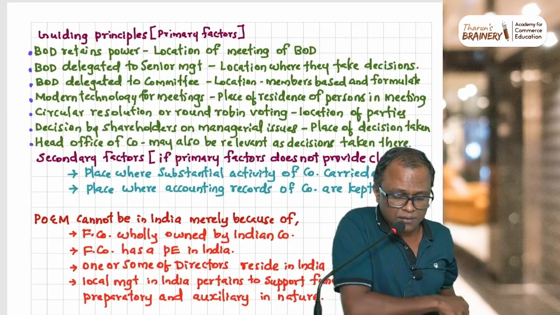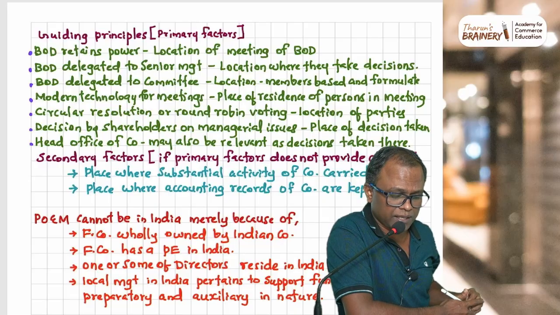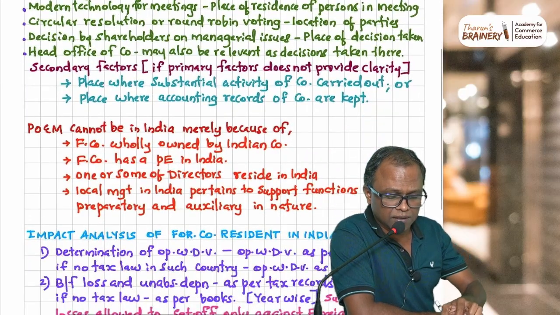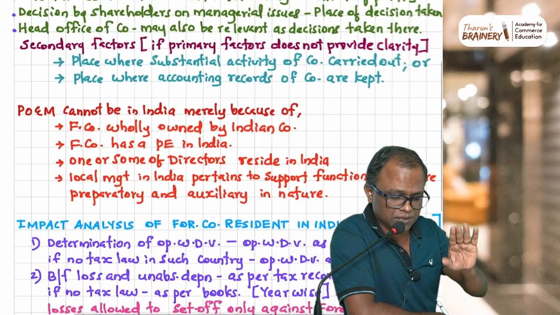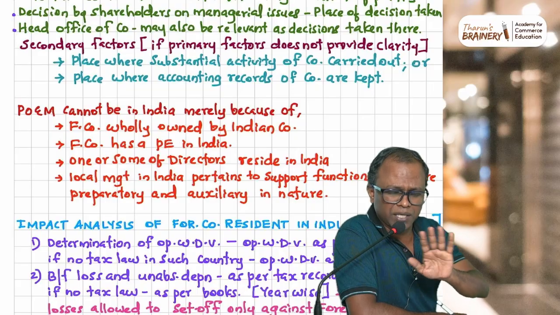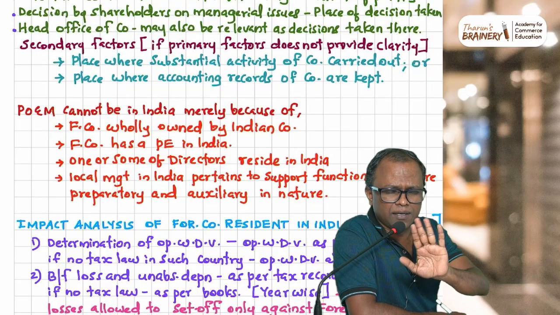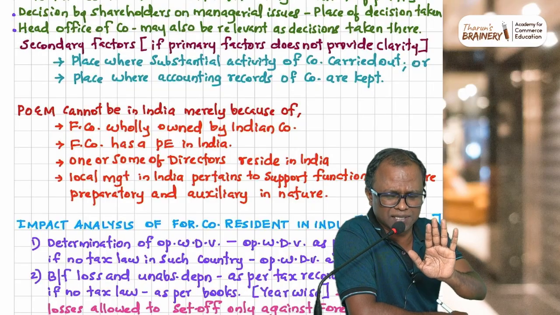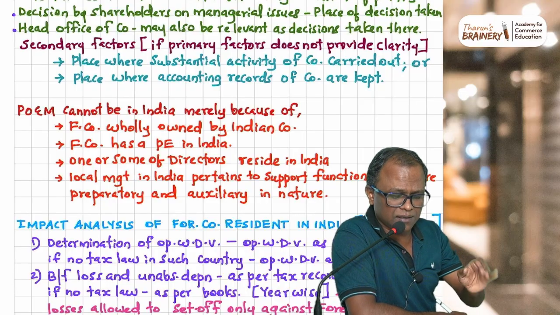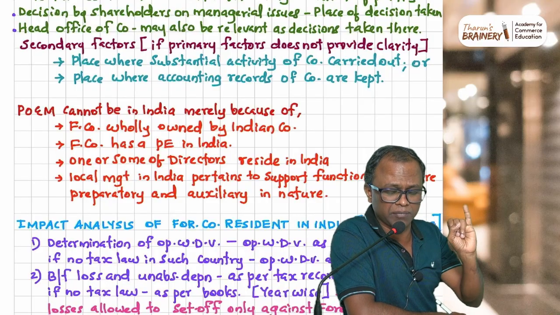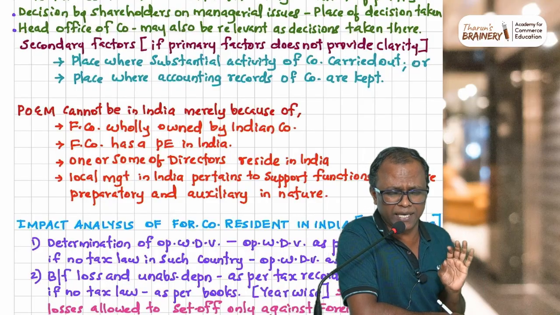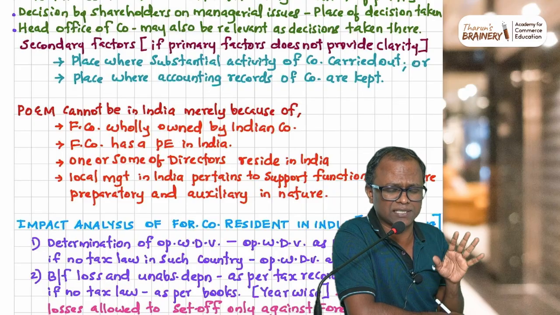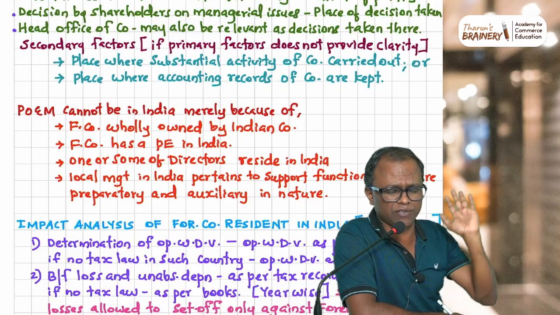And the department should not take any arbitrary decision that POEM is in India based on the following points. Merely because these happened in India, a foreign company cannot be said to be resident in India. First, the foreign company is wholly owned by an Indian company. The parent company being in India is not the sole reason why the department can say that the subsidiary foreign company is resident.